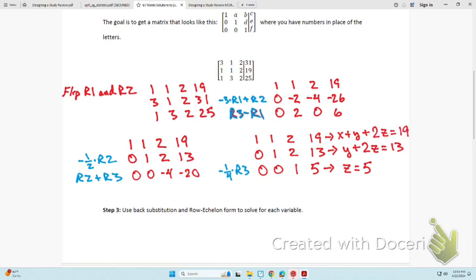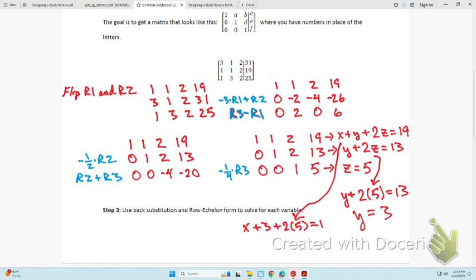So now I can back substitute and figure this out. Right here, we know y plus 2 times 5 is 13, so y is 3. This equation, we know x plus 3 plus 2 times 5 is 19. That means x is 6.